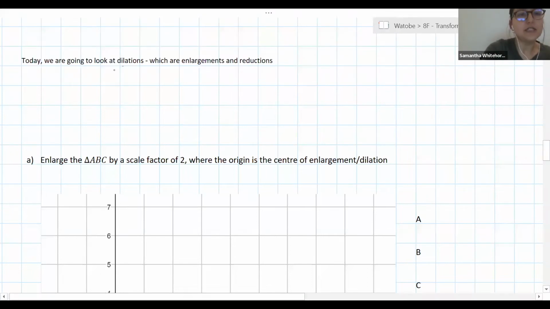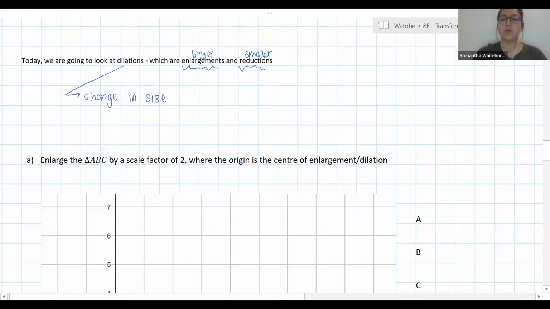So whenever we see this word, or like I say, enlargements or reductions, we are talking about a change in size. So either we're making it bigger or we're making it smaller, as Kia has said on the chat there. Either we're going to make it bigger, so that would be an enlargement, or we're going to reduce it, i.e. make it smaller.